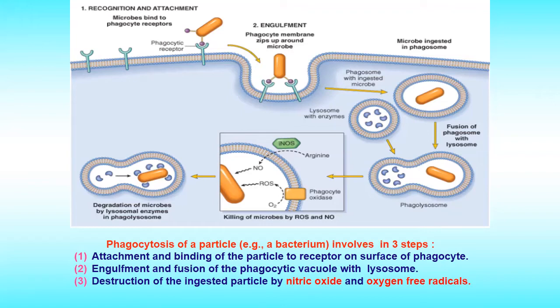With the formation of the phagolysosome, the third step is destruction or degradation of the microbe or ingested particle by releasing lysosomal enzymes within the phagolysosome, such as nitric oxide and oxygen-free radicals or reactive oxygen species, with killing of the microbe. At the same time, there is also releasing of lysosomal enzymes to the extracellular space where they can cause tissue injury.